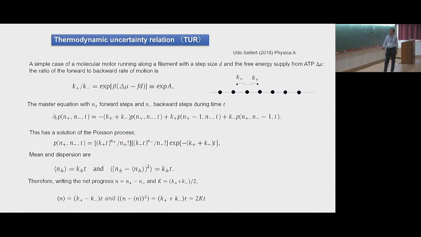From this Poisson process, we can calculate the mean and dispersion like this. For example, the average position of the particle is k plus minus k minus multiplied by t, and the dispersion of the position is like this. Here, the large K is the diffusion constant. So this is the simple story.